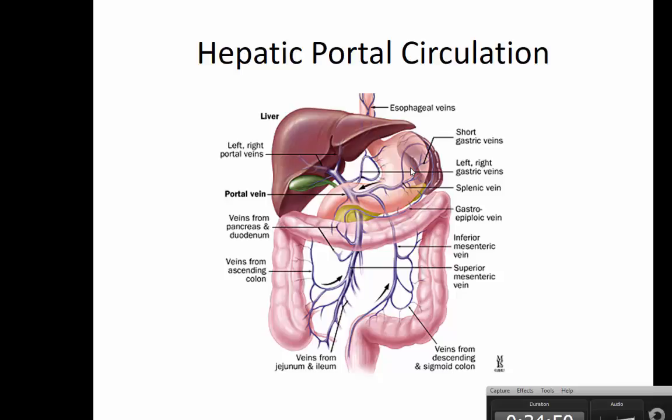So entero means intestines. If someone says they are going to give their patient parenteral nutrition, that means the nutrition is not in the intestines, it's next to it. It's in the blood. It means we're giving nutrition via an IV straight to the blood.